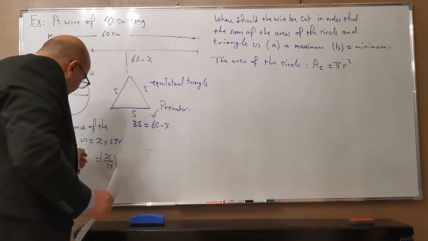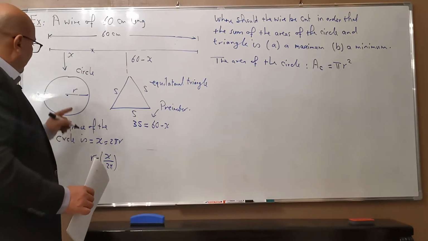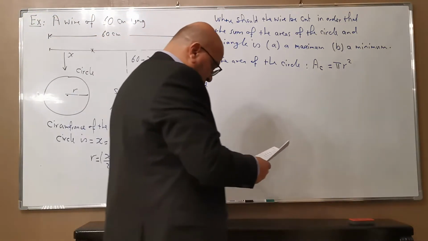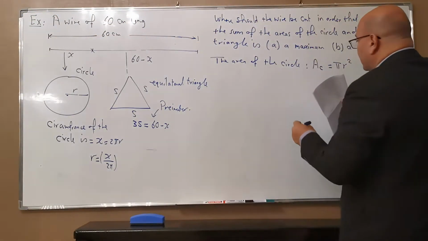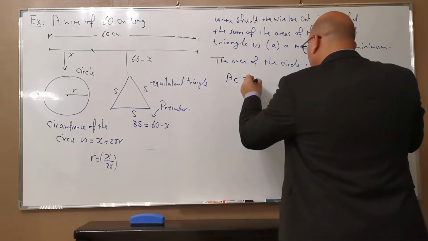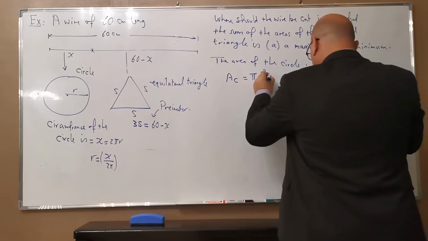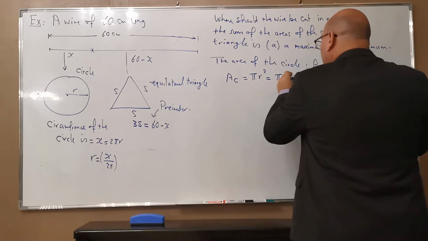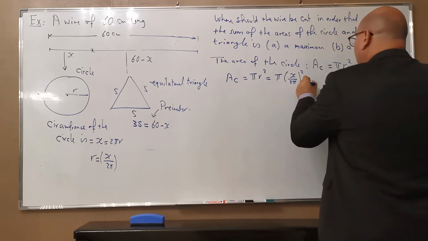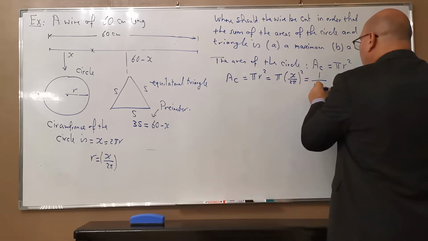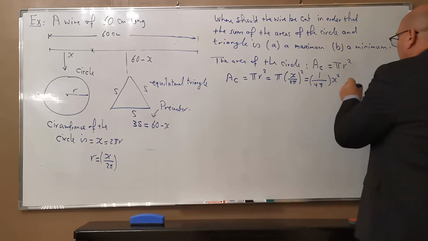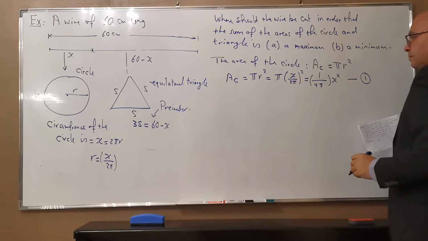So our r, the radius of the circle, is equal to x over 2 pi. If you plug it in this equation, then the area of the circle is equal to pi r squared, and this equals pi times (x over 2 pi) squared, and this one is equal to 1 over 4 pi times x squared. So this is our first relation. Okay?